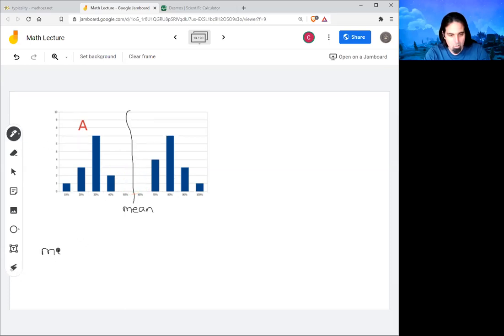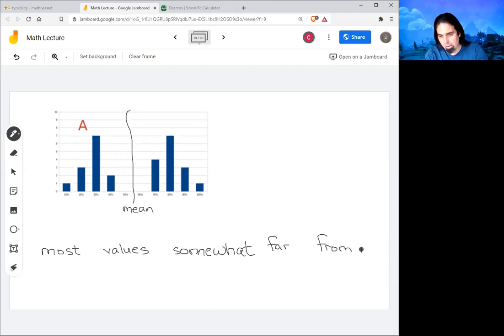Most values somewhat far from the mean. So that's kind of medium amount of deviation from the standard, of standard deviation. Make sense so far? Yeah.